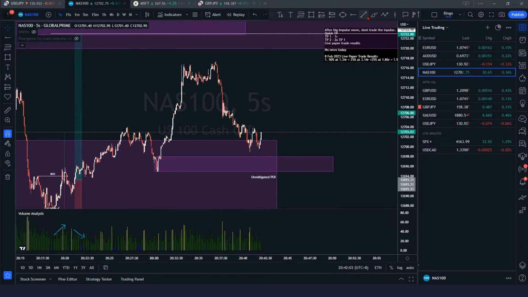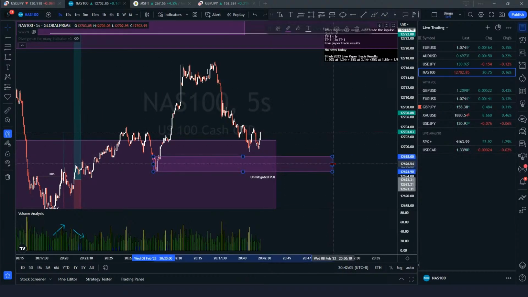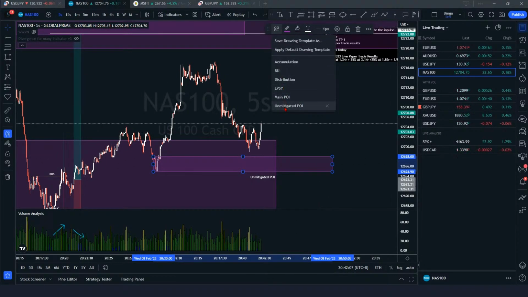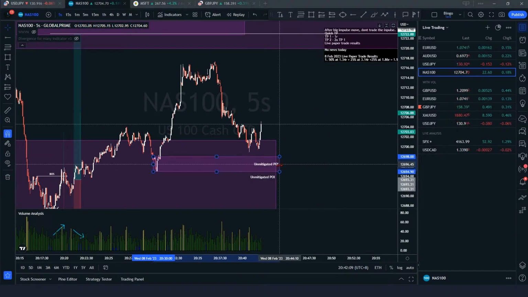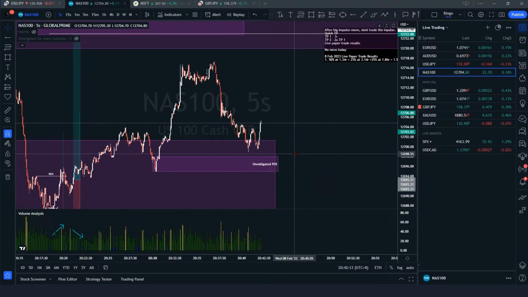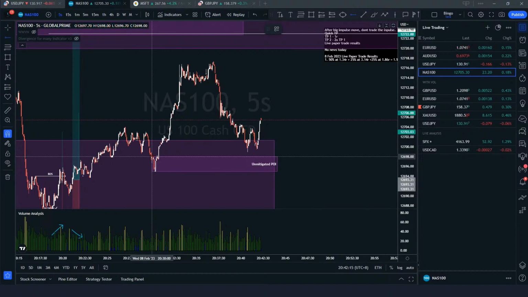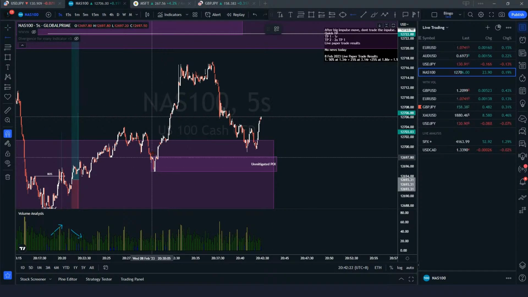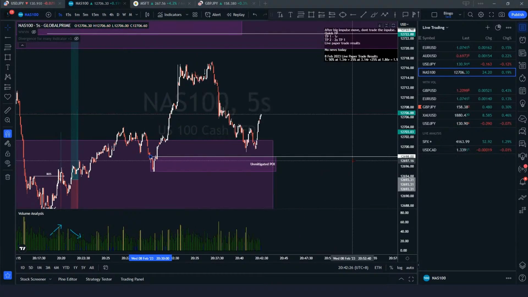So the next target for the price should be this POI over here. So I will be waiting for a long if price taps into this order block. Right.